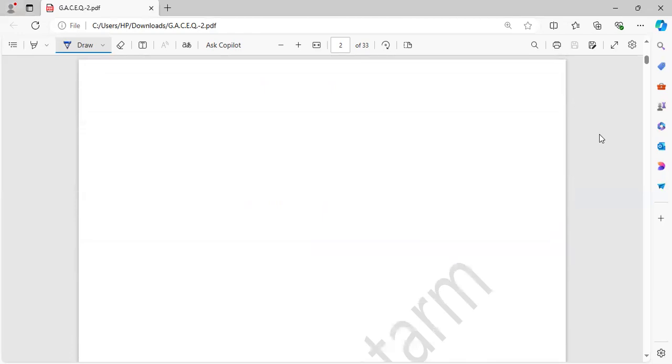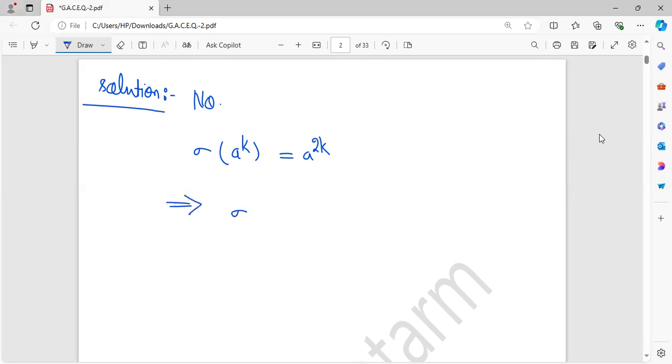So we'll see it. Actually, the answer is no. So why it is no, we will see. What do we have? We have a to the power k mapped to a to the power 2k. So by this, what do we have?